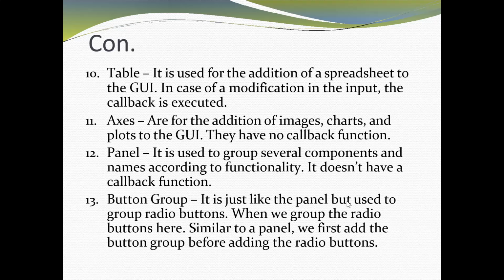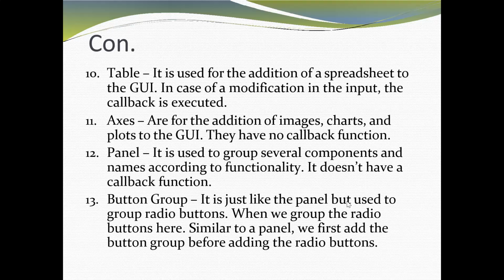We have a table. It is used to add a spreadsheet to the graphical user interface. If you have data in a spreadsheet, you can load that data into a table. In case of modification in the input, the callback can then be executed. We have axes.